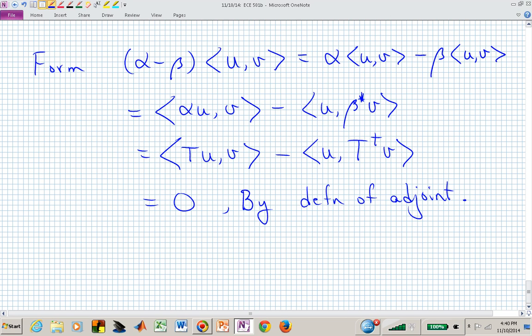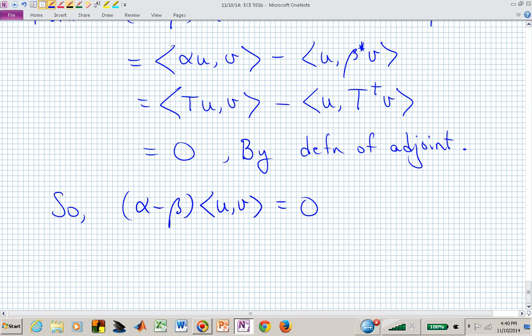Now what have we said? Well, we ended up with 0, which I guess everybody supposedly knew when we started. But now we can go back to the very beginning and say whatever we started with on the left is now equal to 0. Now we can conclude alpha minus beta times the inner product of u with v is equal to 0. But what do we know about this scalar alpha minus beta?